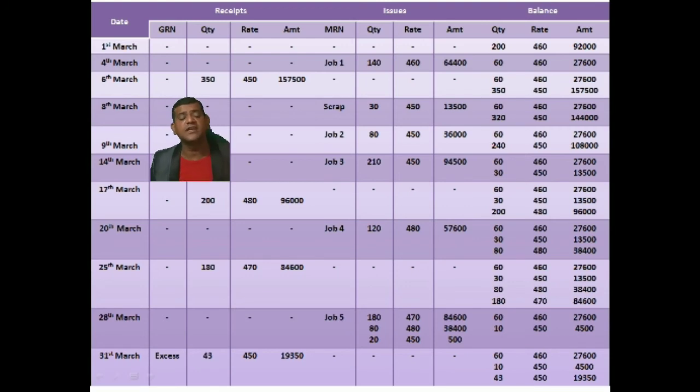So next, on 31st March, we found excess. So excess of 43 tons, that should be reflected under receipts and it should be shown as a purchase because we are adding into the existing stock. So that is why it should be reflected under receipt side. So GRN column, excess quantity 43 tons at the rate 450 rupees and amount 19,350 rupees.